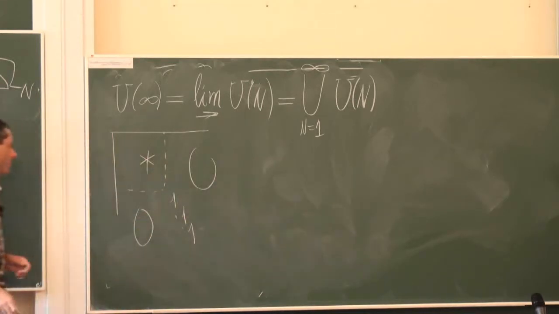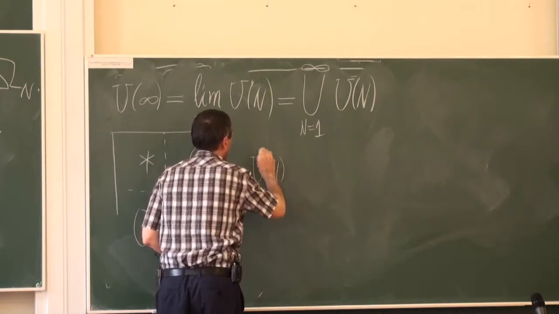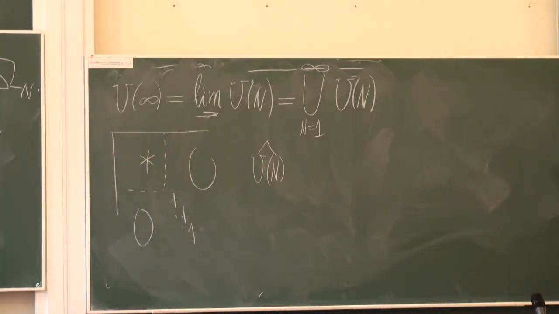Such matrices form a group, and this group is just the union of finite dimensional unitary groups.